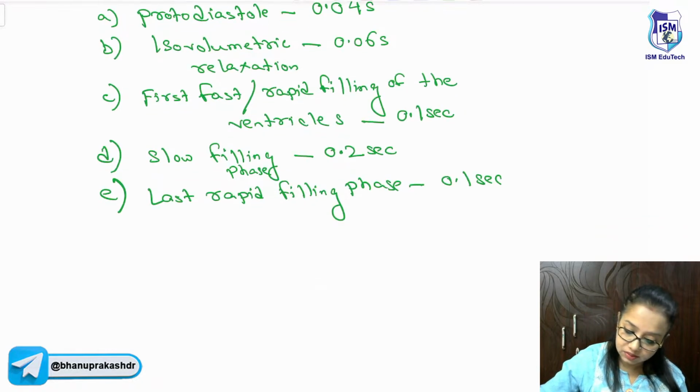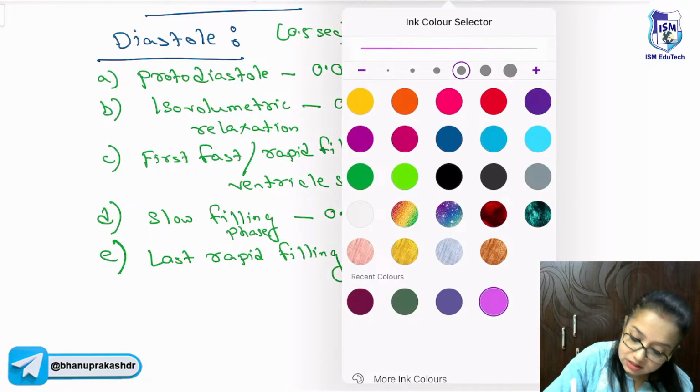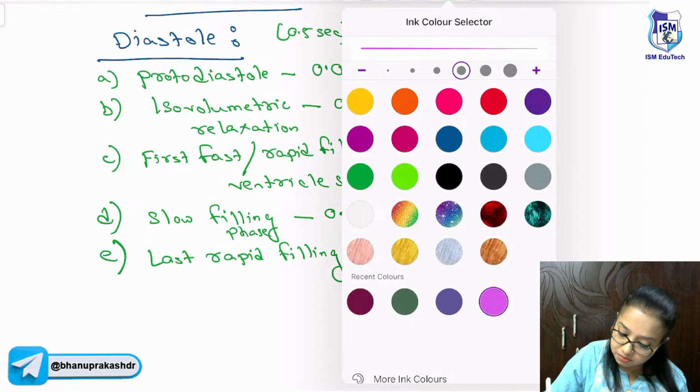Okay. Now, what are the important events that happen? We will come to the important events along with the cardiac cycle in detail.